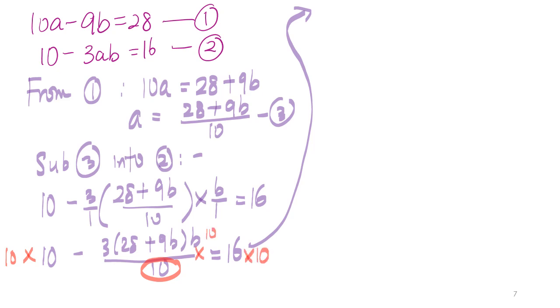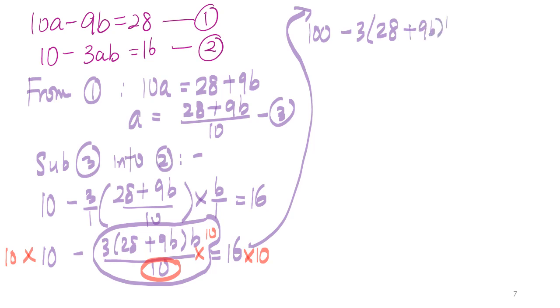This is a very neat trick to make fractions become non-fractions. So 10 times 10 gives me 100. Of course this is our purpose. What we want is to make it a non-fraction, so you end up getting 3 bracket 28 plus 9b with the b behind. 16 times 10 is 160.